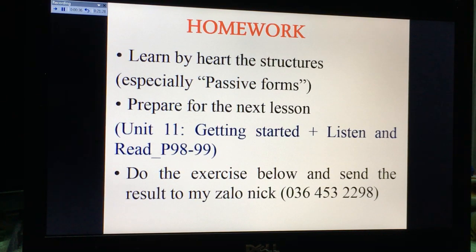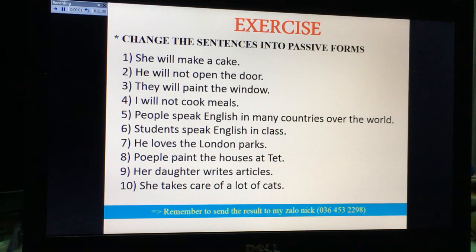Now, take out your notebook and copy down the answer, the exercise. You stop the video to copy down, and then you try to remember the 3 steps of changing a sentence from active into passive, and then you do the exercise.